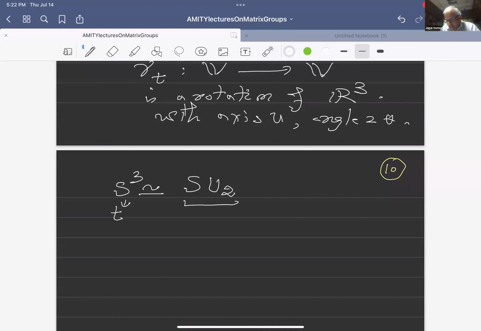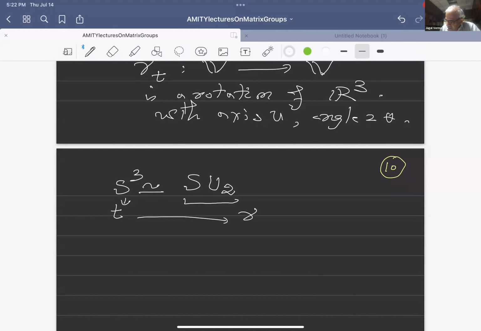And then I have a method to associate with t a matrix in SU2. But SU2 and S3 are isomorphic. Once I select this t, I pass to the rotation gamma t from V to V. That is a rotation. So this gamma t, because it is a rotation, its matrix is in SO3.